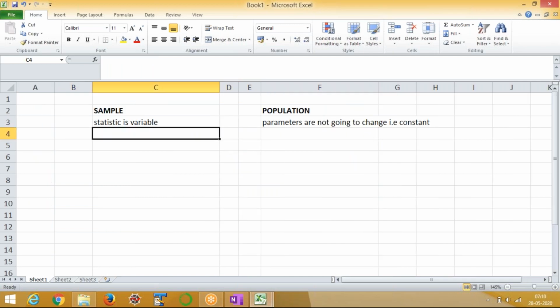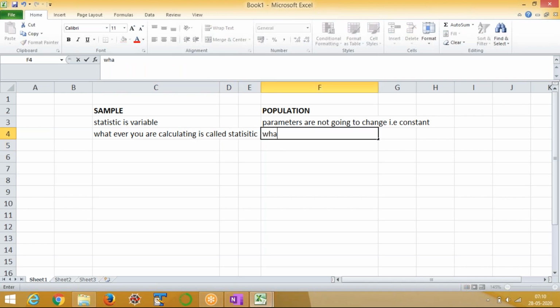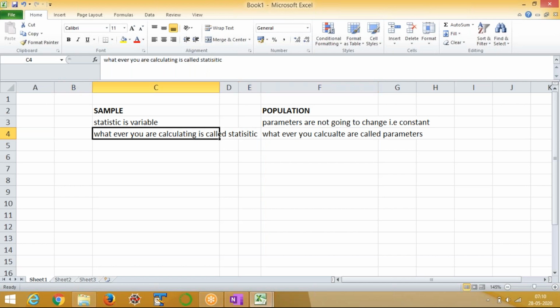Let me write here: whatever you are calculating here is called statistic, and whatever you calculate here is called parameters. So what does it mean? My parameters won't change at any cost, but my statistics values can be changed.